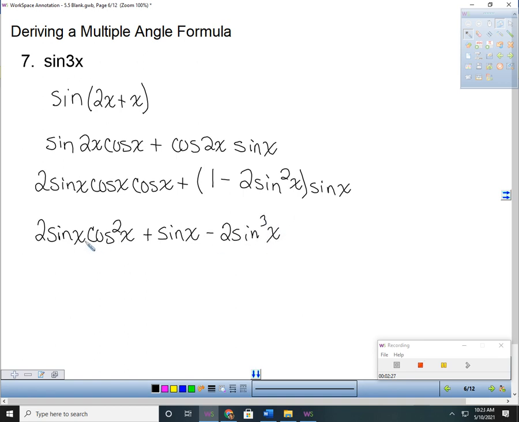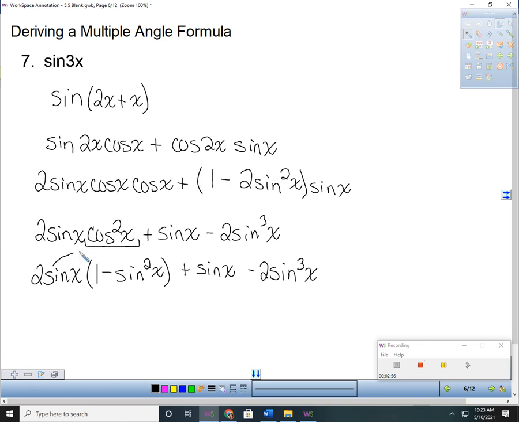So I notice that I have this cosine squared x, and again, I'm trying to get down to all sines, so I'm going to replace it with my Pythagorean identity, 1 minus sine squared x. Then I still have the plus sine x minus 2 sine cubed x.